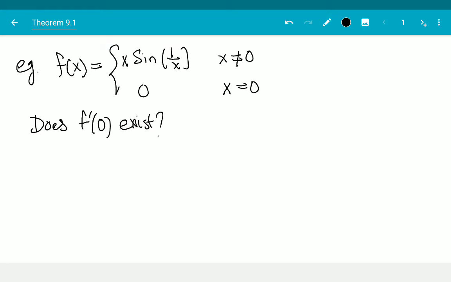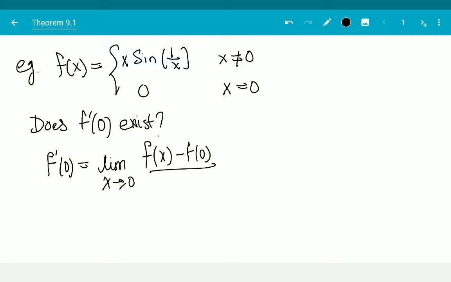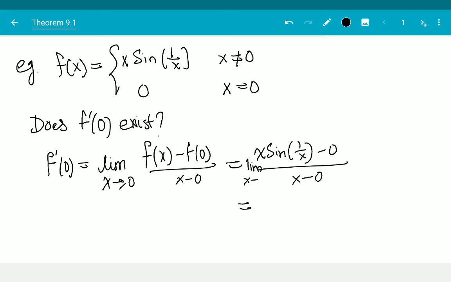Well, f prime of 0 is equal to limit x goes to 0 of f of x minus f of 0 over x minus 0, which is equal to x sine 1 over x minus 0 all over x minus 0, which is just equal to limit x goes to 0.